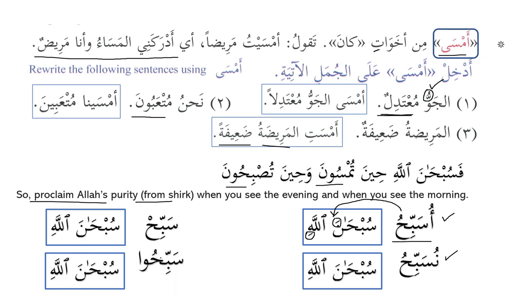So in fasubhanallahi hina tumsuna wa hina tusbihun, which construction should we think has been used in the Quran? It is from Allah, so it is an order: sabbihu subhanallahi. So proclaim Allah's purity from shirk when you see the evening and when you see the morning.